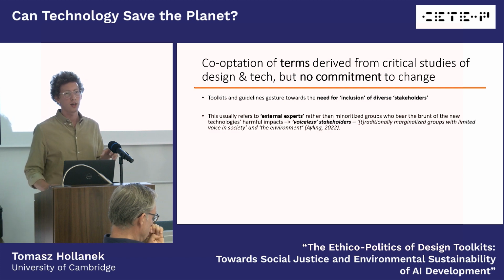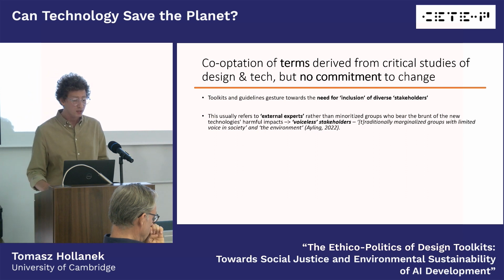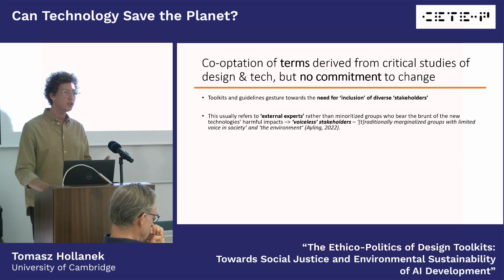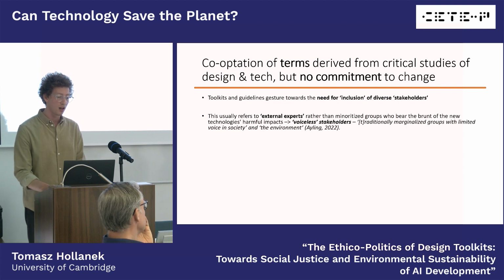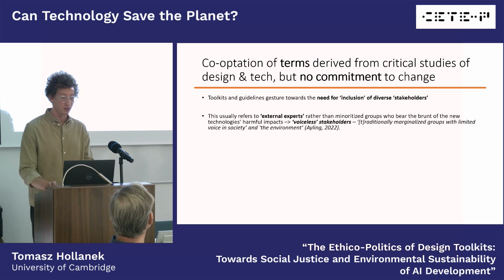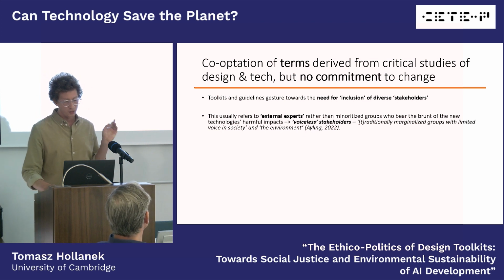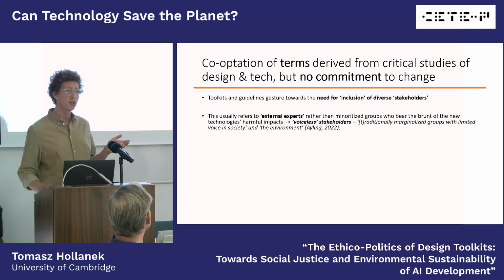But when you actually look at what they mean by stakeholders, they most often point to external experts, for example lawyers, rather than marginalized groups that are not accounted for in the decision making in the first place. So one toolkit scoping paper refers to voiceless stakeholders.